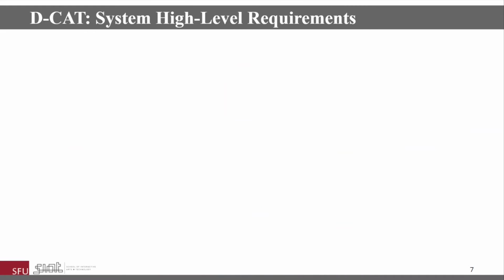Accordingly, we propose four initial high-level requirements for DCAT. A design comparative analytics tool supports the comparison of design options by visualizing both form and performance data in real time or on demand and in the same context they are created.